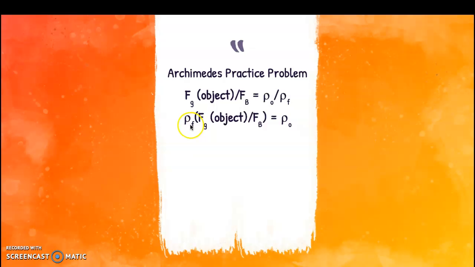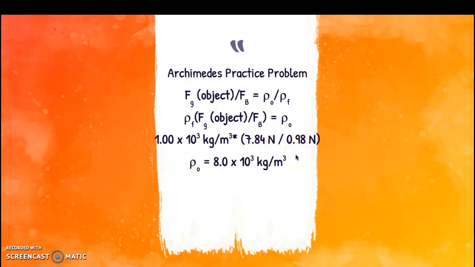So it's the density of the fluid times the force of gravity on the object divided by the buoyant force. And when we plug those numbers in, density of the water times the force of gravity on the object divided by the buoyant force, we're going to come up with an answer: the density of the object is 8.0 times 10 to the third kilograms per cubic meter. That's the density of our golden crown.